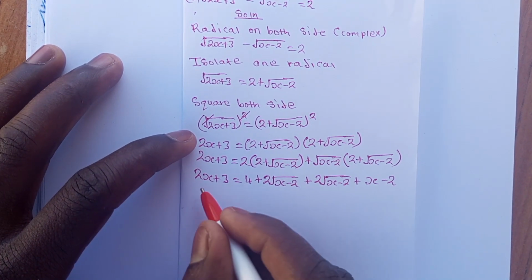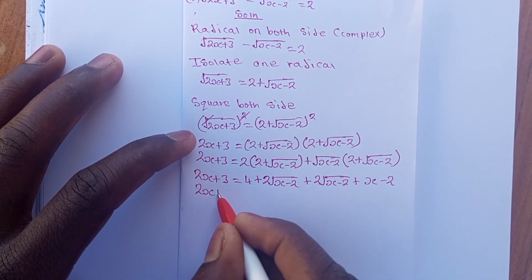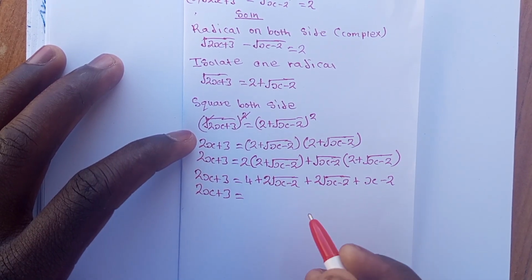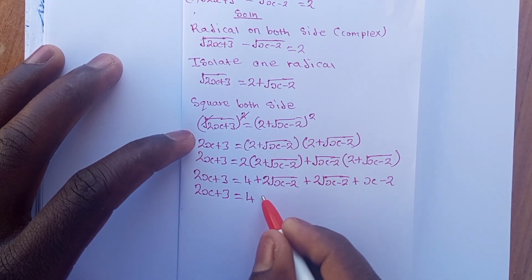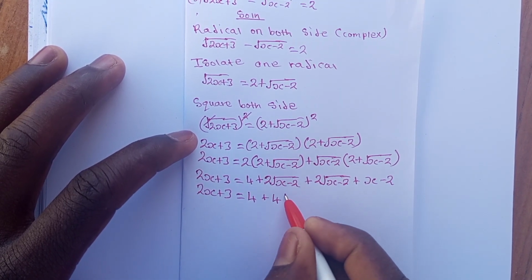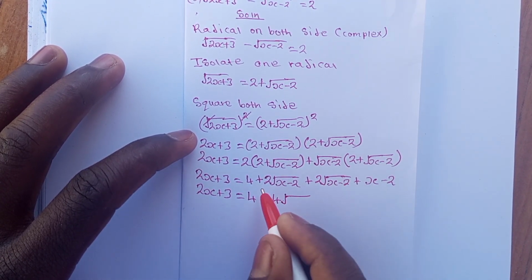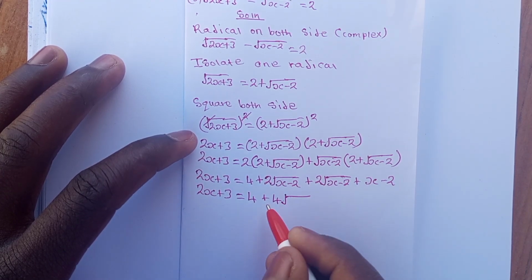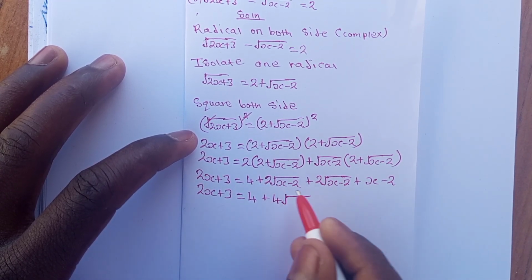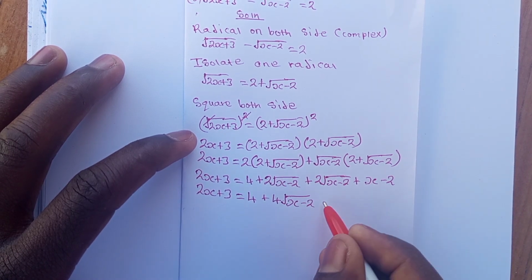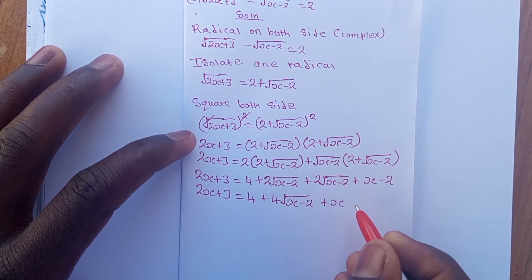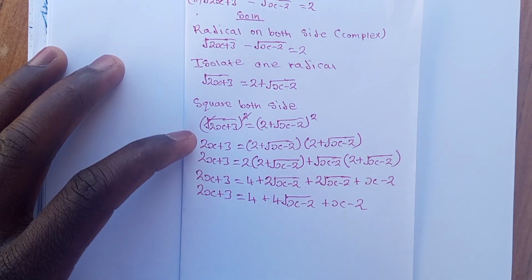Okay, now we solve. We say 2x plus 3 equals to 4, plus 2 plus 2, we are going to have plus 4 roots, they have the same root, so we take one root, x minus 2, plus x minus 2.